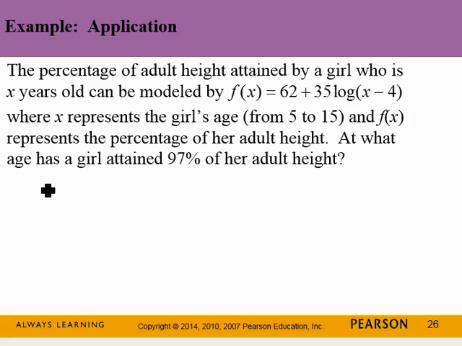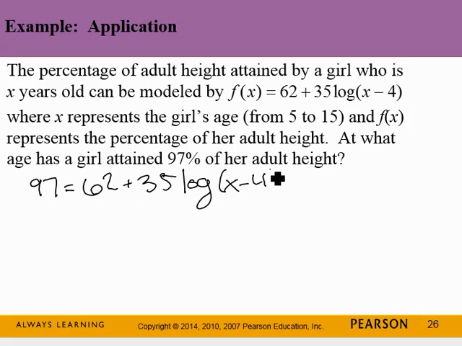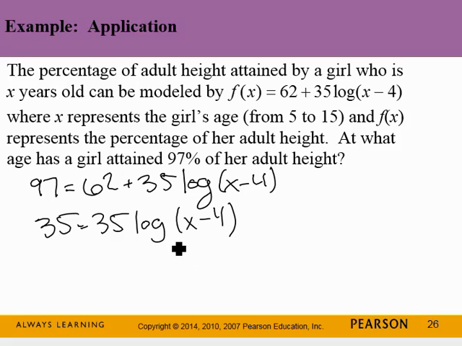We're going to plug in 97, because that's our percentage. We have 62 plus 35 log of (x minus 4), because we're looking for our x. Now we're going to subtract 62 from both sides, so I should get 35 equals 35 log of (x minus 4).